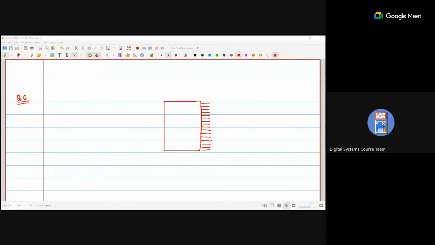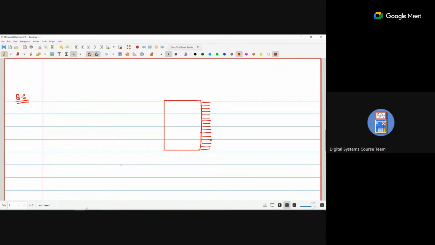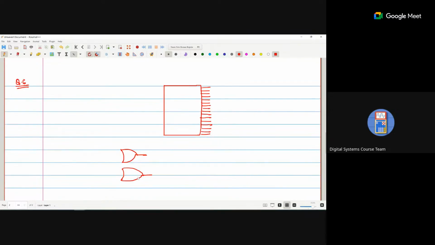We have to design this decoder with an M-input AND gate. So we are designing the M-input AND gate, so we have 1, 2, 3, and so on.